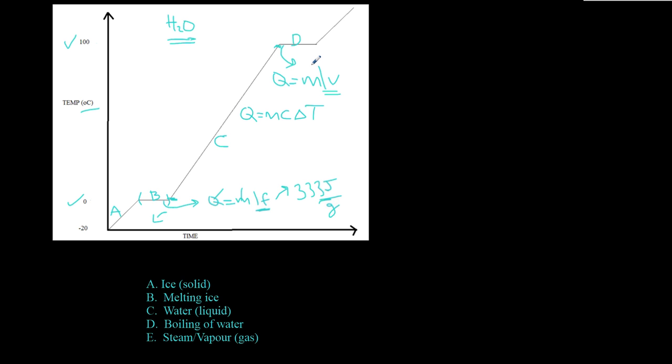And this constant is 2,260 joules per gram, a little more energy involved here. And notice there's no degrees Celsius. When we were looking at this constant earlier in some of our other problems, for instance water, it was 4.18 joules per gram degrees Celsius.